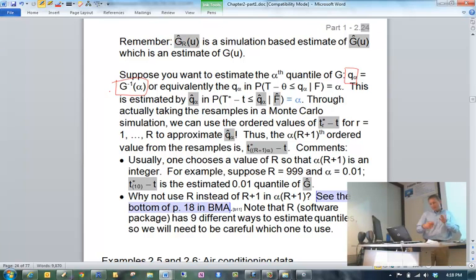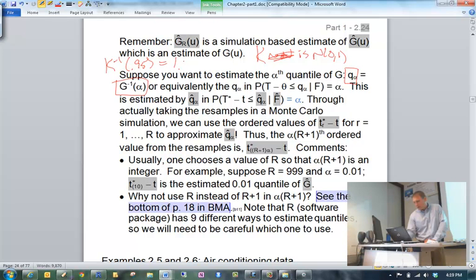Just to give you a similar example to something you've seen before, suppose that k is a CDF that is normal, let's say standard normal. Then if I say k inverse of 0.95, that would be equal to 1.645. Just make sure that you understand that. So 1.645 is the 0.95 quantile.